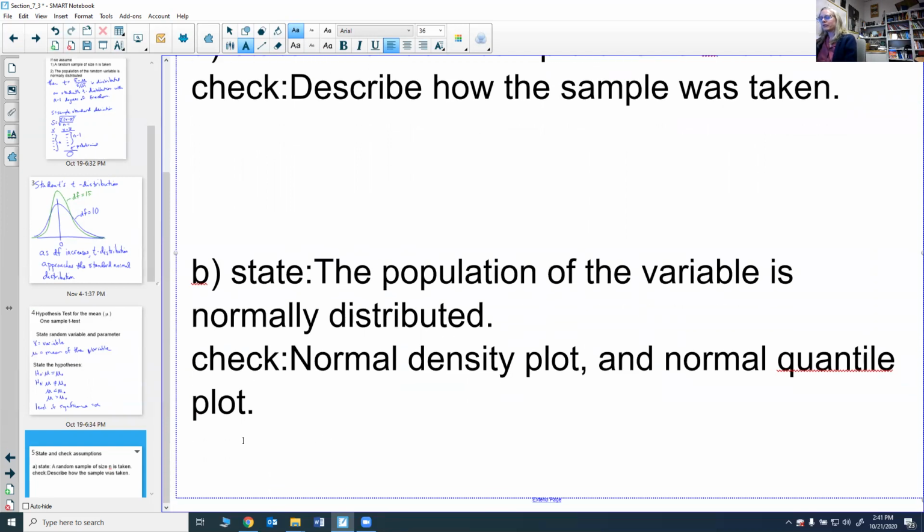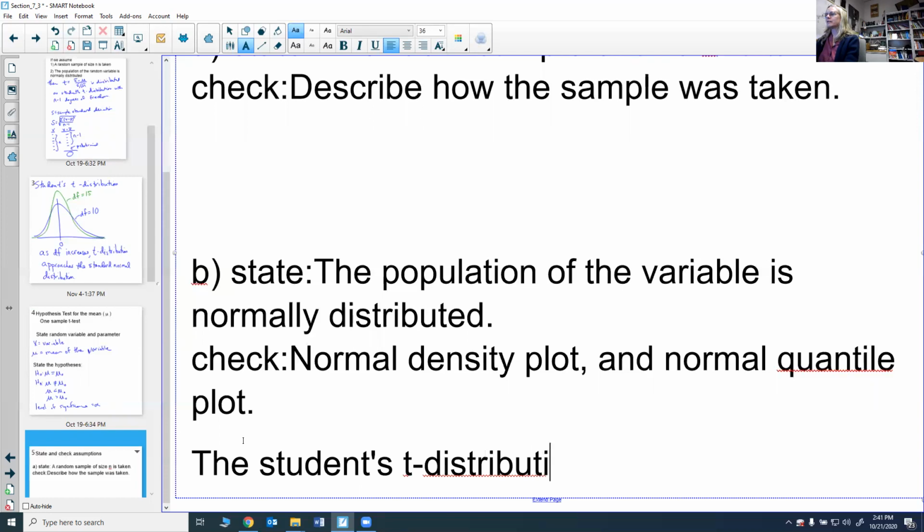The nice thing about the student's t-distribution is that it is actually fairly robust to this normal distribution idea if your sample size is large. So the student's t-distribution is what we call robust, which means it works okay even if you don't have this assumption, as long as your sample size is large.